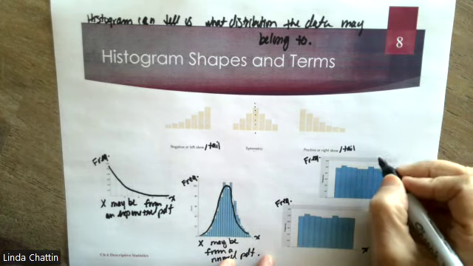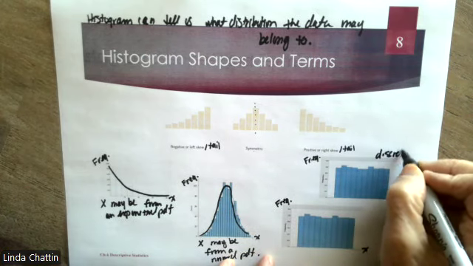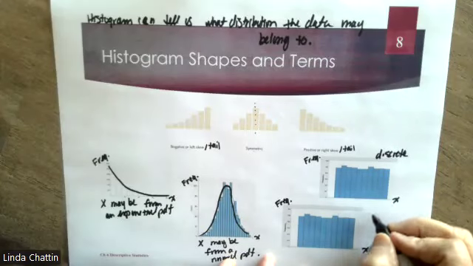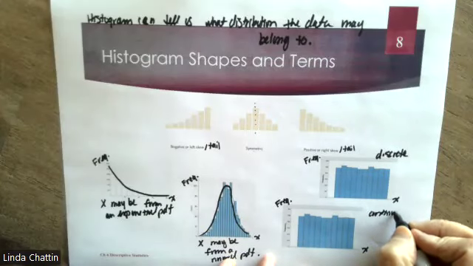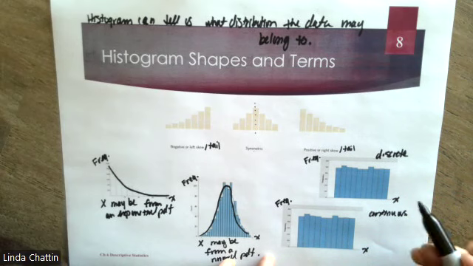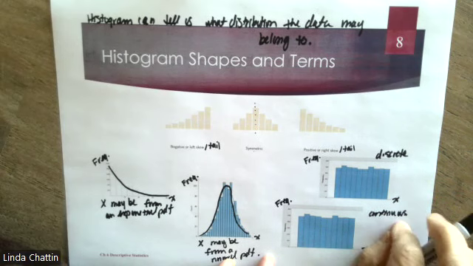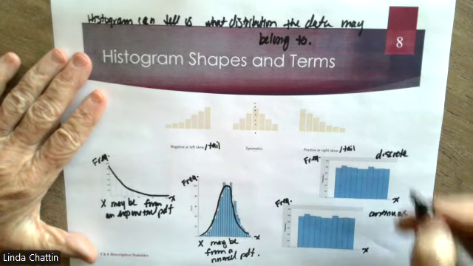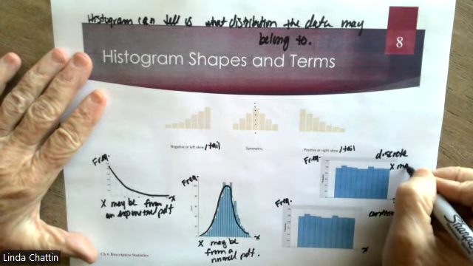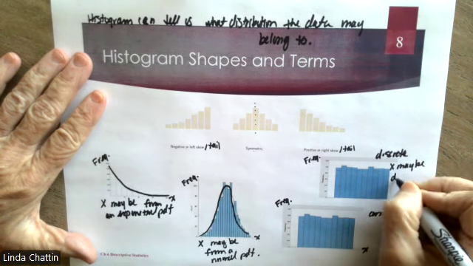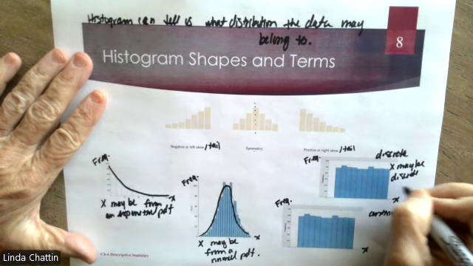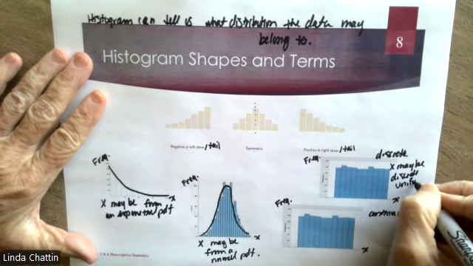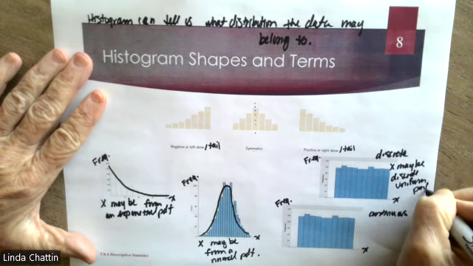But suppose this is discrete data, which is usually whole numbers, and this is continuous data. Then each one indicates that the data may be from, for example here, a discrete uniform PMF, because that would be discrete.